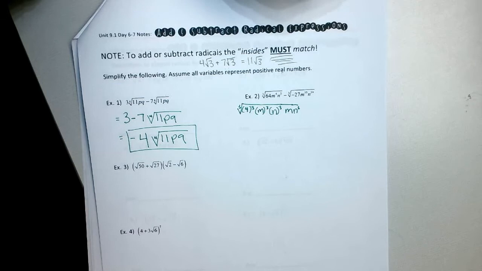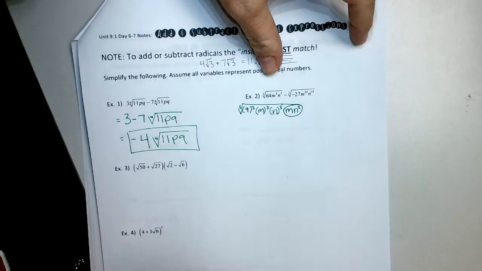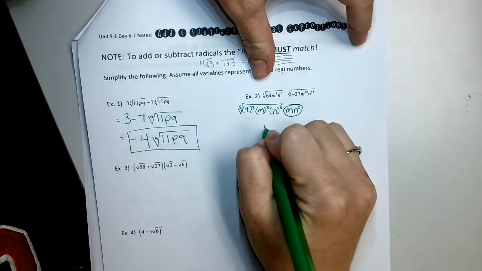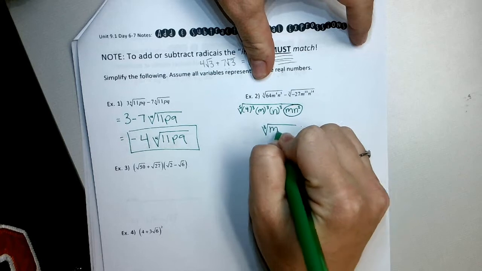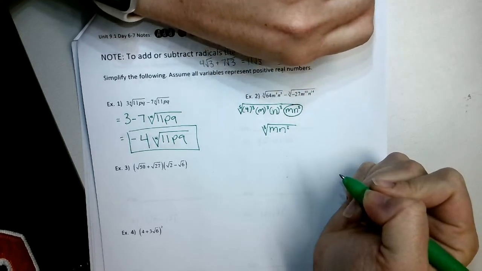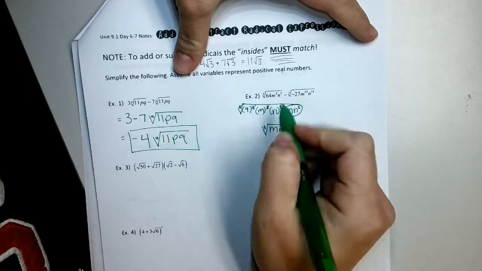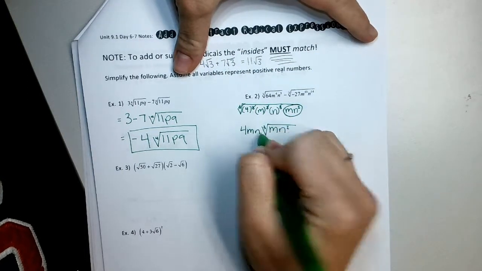It means we're still going to have a radical even after we simplify, because these cannot simplify because they're not cubed. So I'm going to go ahead and rewrite cube root of m n squared. Okay, and because the cube root cancels this cube, and this cube, I can take out a 4mn.